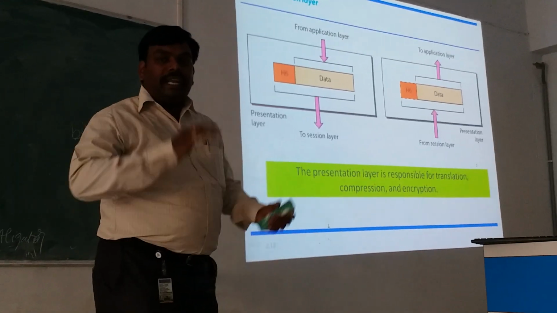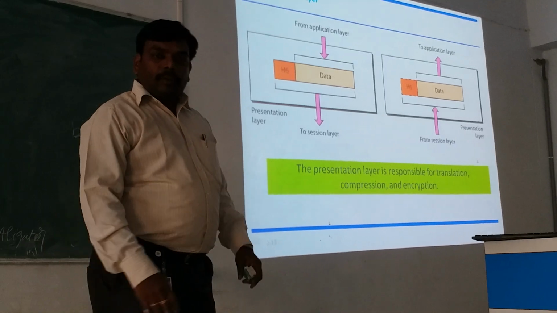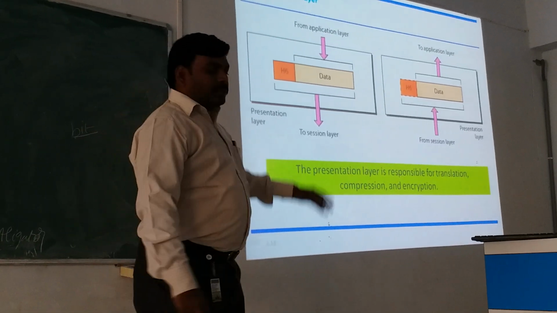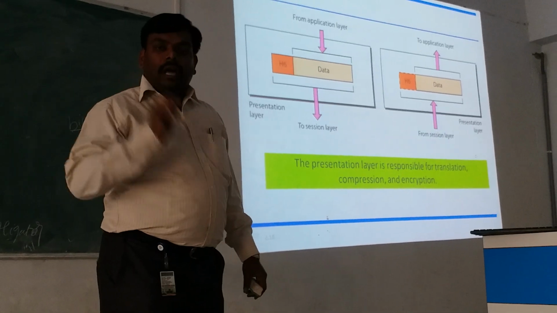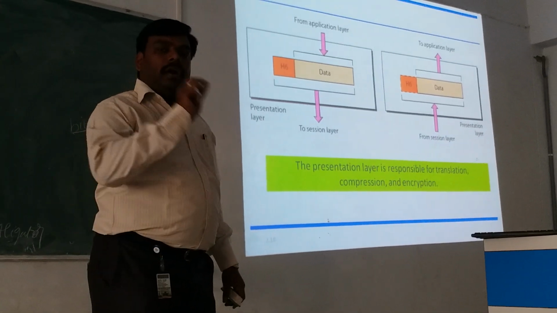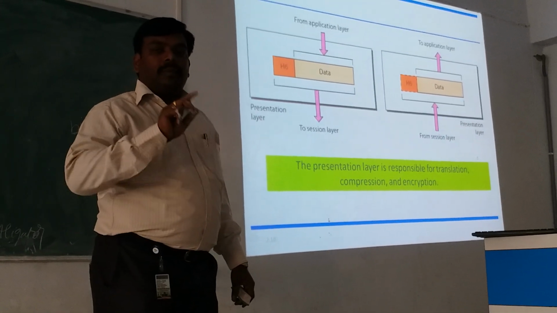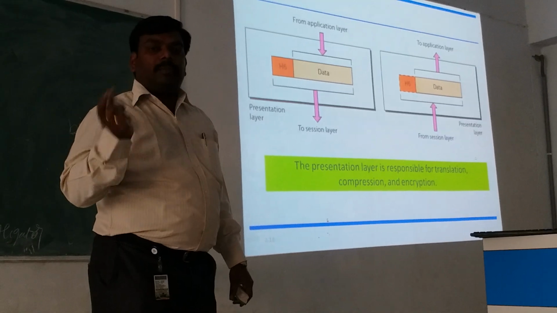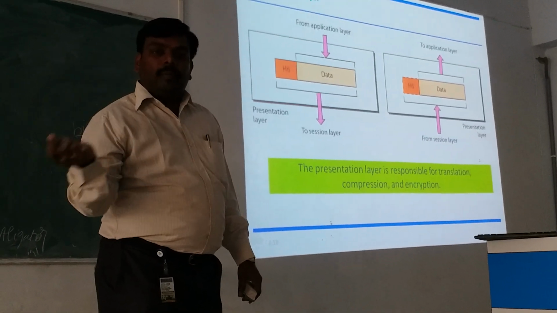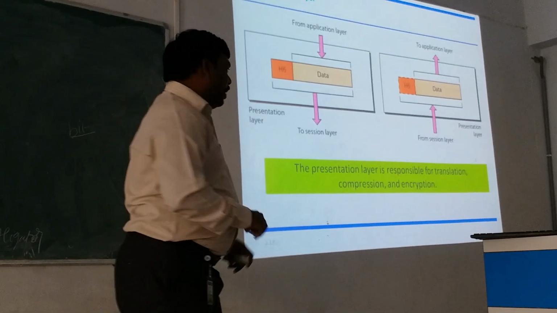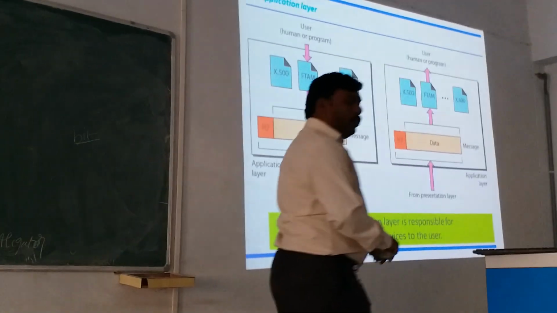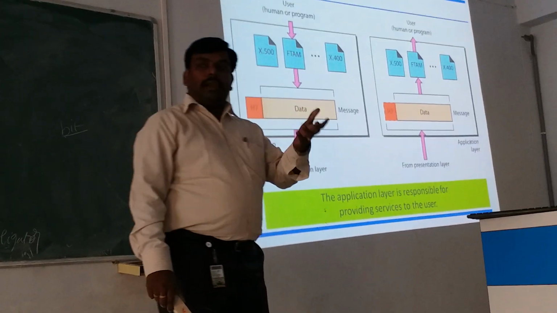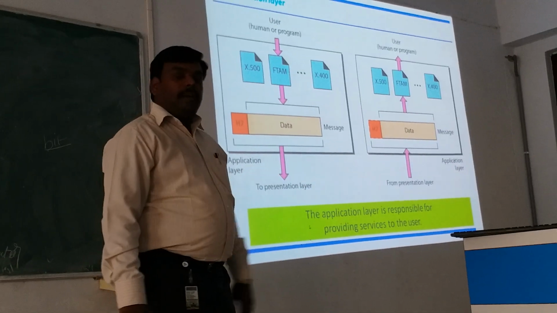Compression is nothing but reducing the size of the message. Encryption is nothing but converting a readable format to an unreadable format. Decryption is nothing but unreadable format to readable format. So that is taken care of by the presentation layer: how we can represent or present the message.